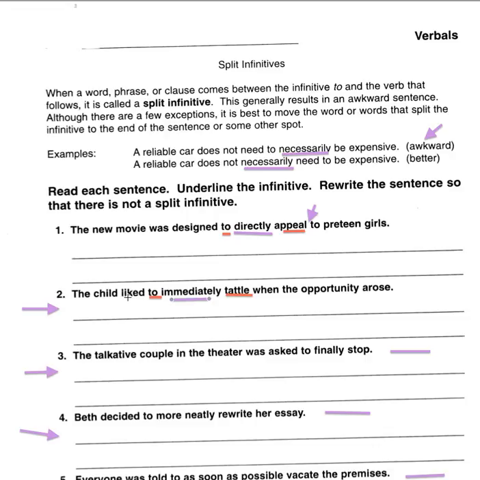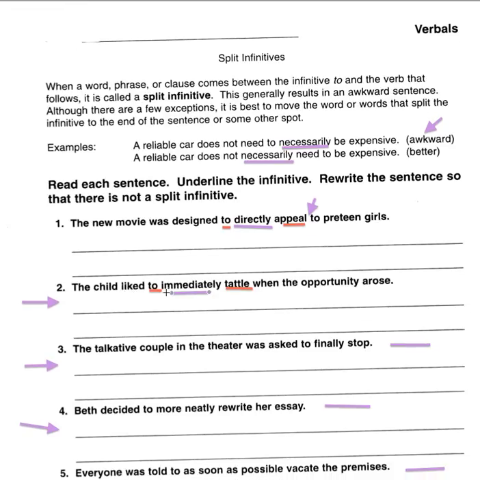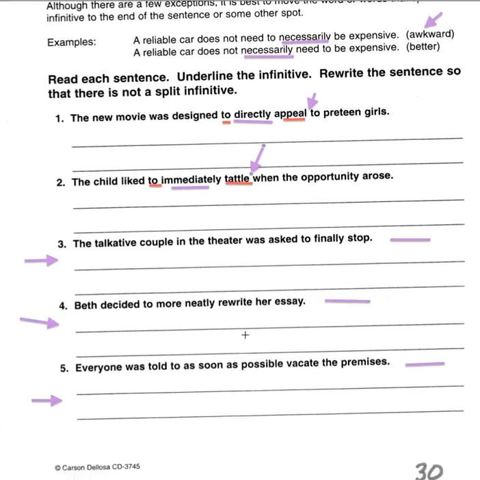The child liked to tattle immediately. So let's take our arrow and put this adverb immediately after the infinitive. The child liked to tattle immediately when the opportunity arose, and that would make the most sense right there. So make sure you're following along and doing the same on your paper.